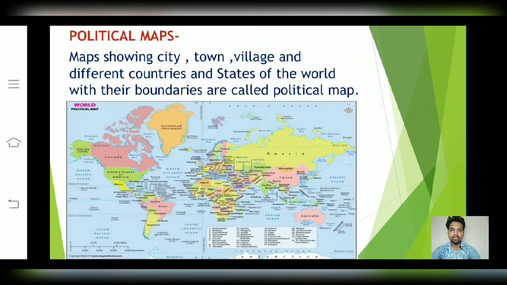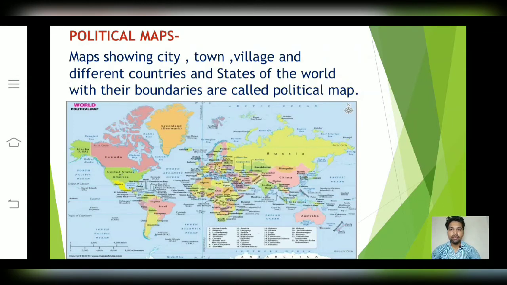So what difference do we see? The difference is that here many colors are used. The purpose of using many colors is to differentiate one country from another country.